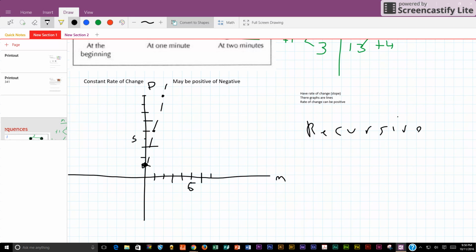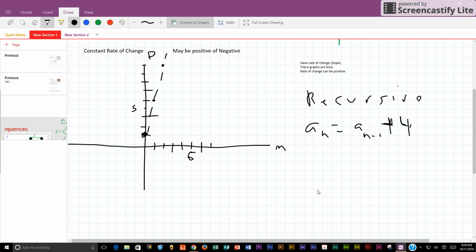So we want to know the nth term, and to do that, we need to know the one before it because we're just going to add 4. So a sub n equals a sub n minus 1 plus 4. So recursive formulas for arithmetics are very easy.